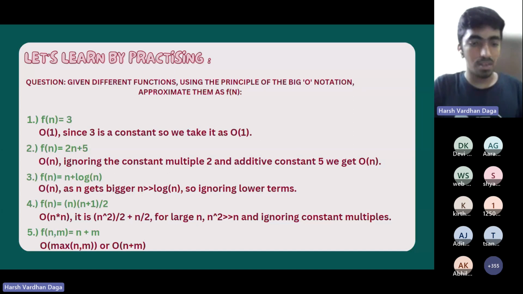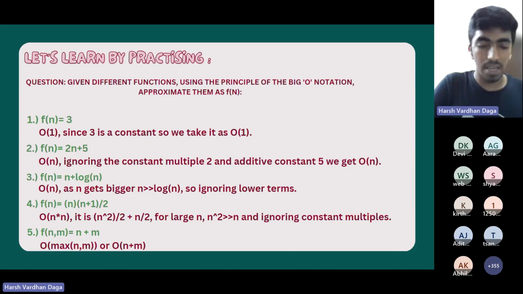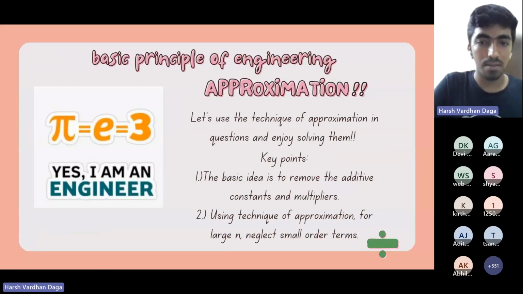Moving on to the third example. This example requires decent knowledge of the graph which I showed on the previous slide. Since n is getting arbitrarily large, n will become much greater than log of n, as shown in the graph. I'll take you back to the graph.